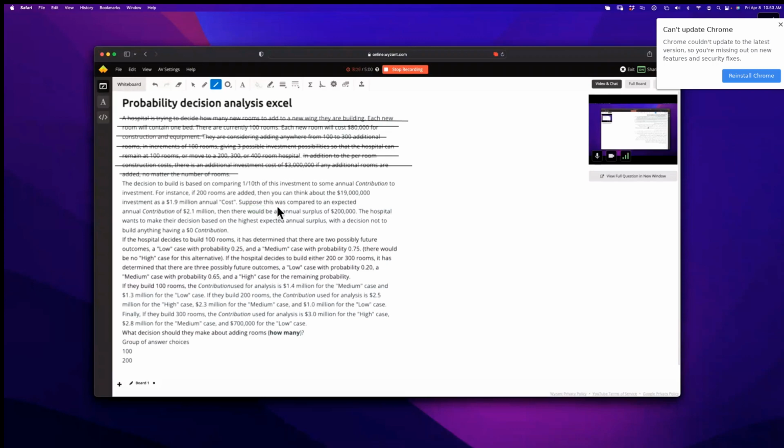Suppose this was compared to an expected annual contribution of 2.1 million, then there would be an annual surplus of 200,000.